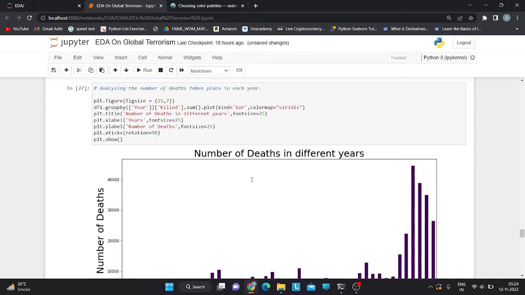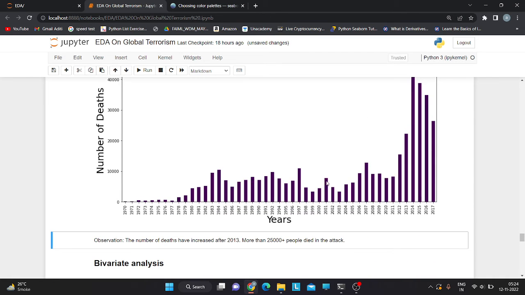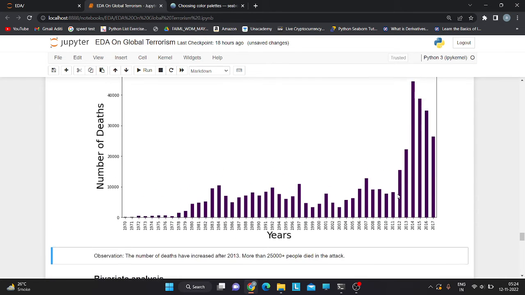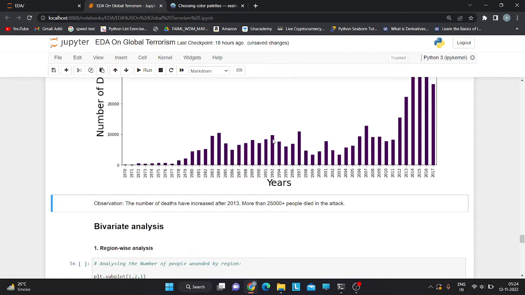At the same time, deaths have also increased after 2012. So they are correlated like that. Attacks have increased, and it's very obvious that when attacks increase, the deaths are going to increase. So it's correct. The data is proper, no issues at all.